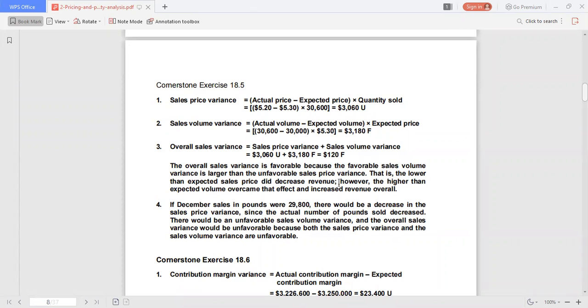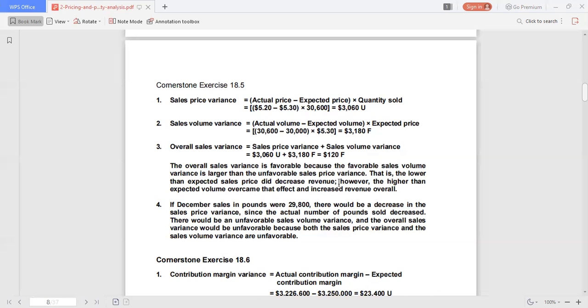So, we apply the formula for determining the sales price variance. Actual price 520, the budgeted price of 530, and you multiply by the actual quantity sold. So, we now get 0.10 multiplied by 30,600, we get an unfavorable sales price variance equal to 3,060. Second, we have the sales volume variance.